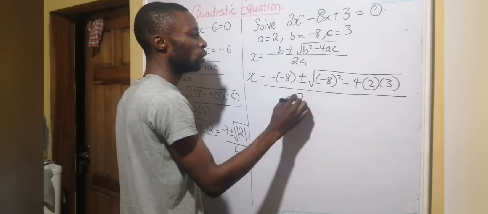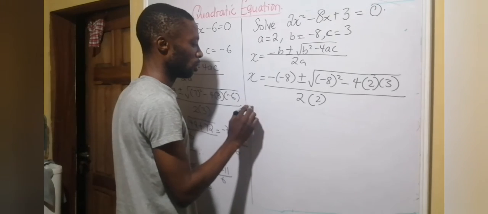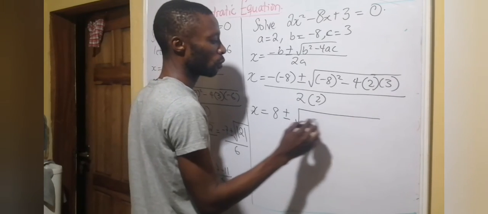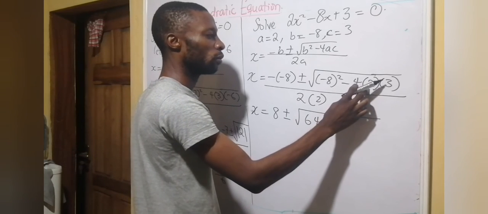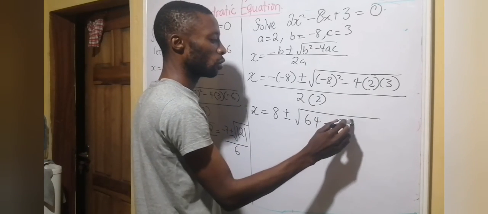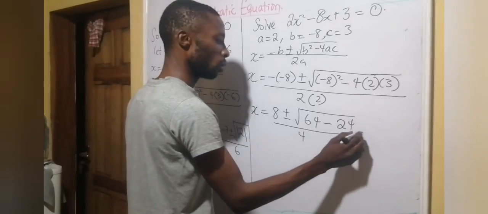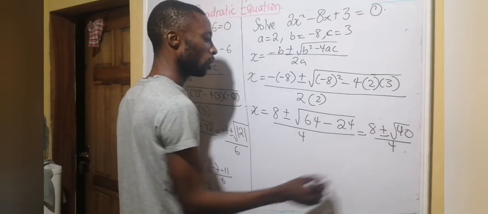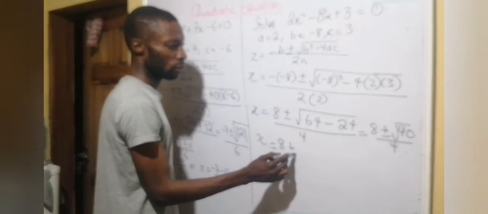All over 2a. A is what? 2. So this will be what? You have x to be equal to 8 plus or minus the square root of what? You have 64 minus 4 times 2, 8, 8 times 3, 24, over 4. So that will be equal to 8 plus or minus the square root of 40 over 4. So x will now be equal to 8 plus or minus the square root of 40 is what?